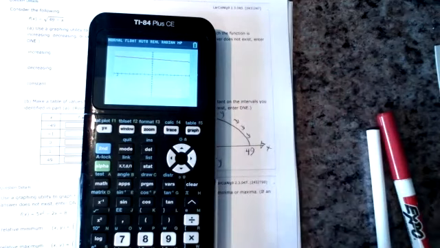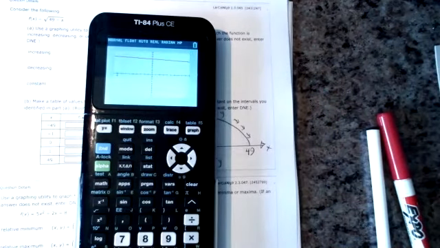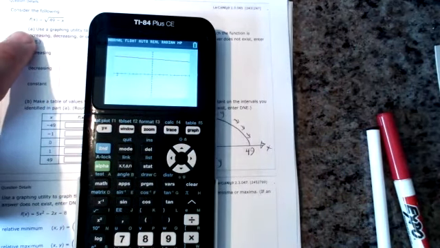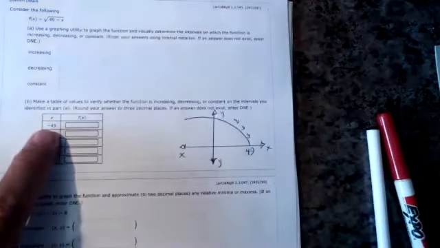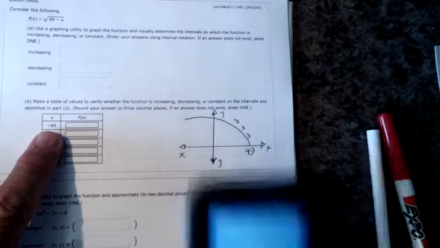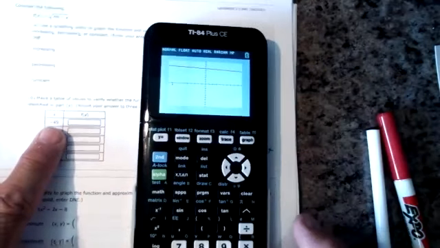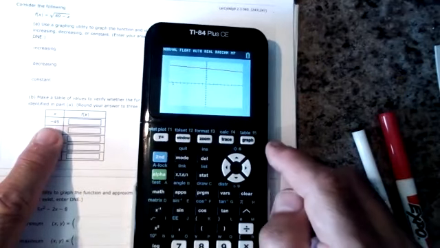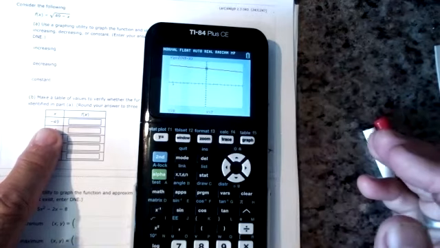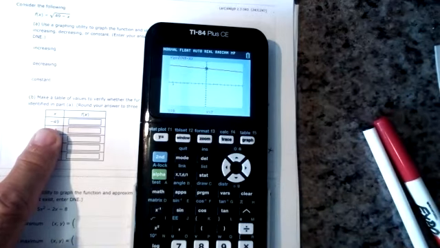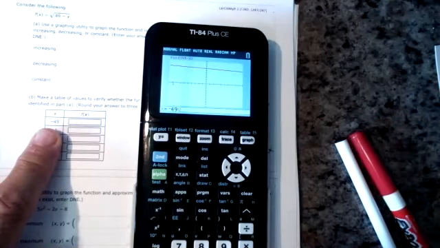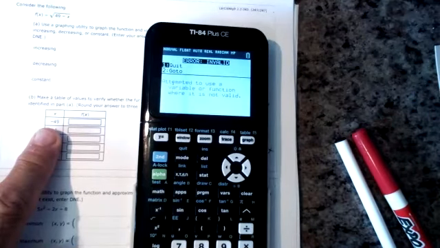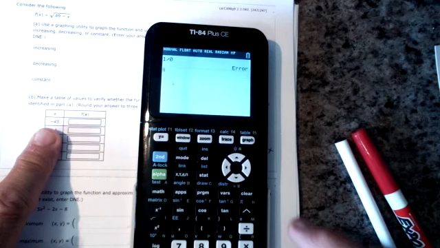But what they're asking here is they want us to find like minus 49. They want us to put minus 49 for the x. For that, you don't really have to have a good graph. I'll put a trace, and then I type minus 49.